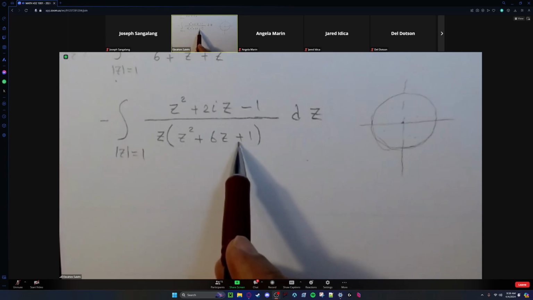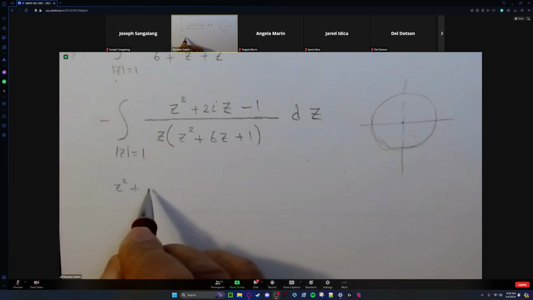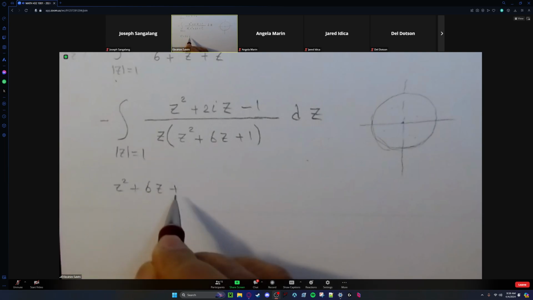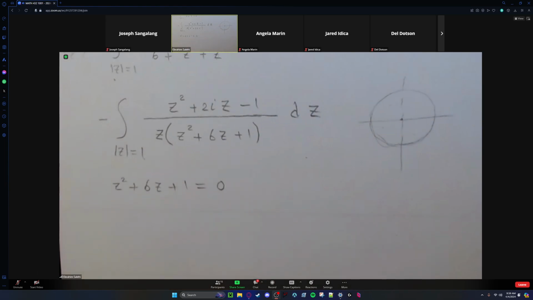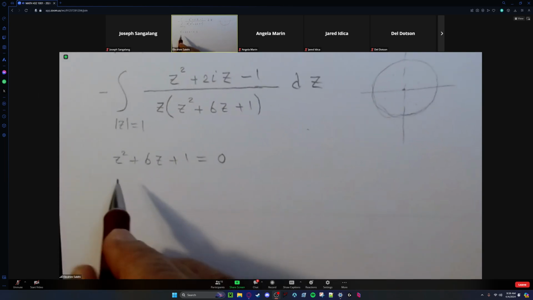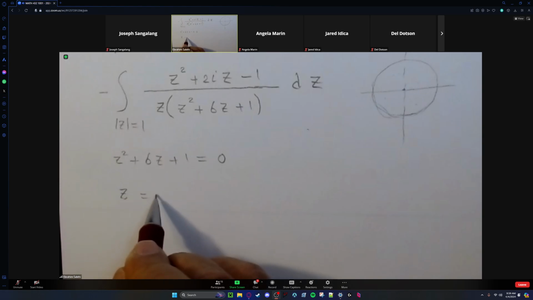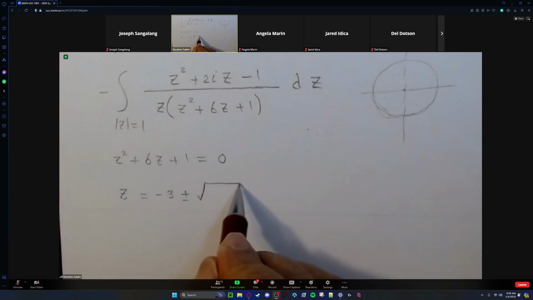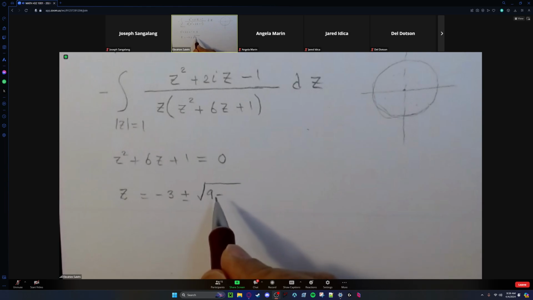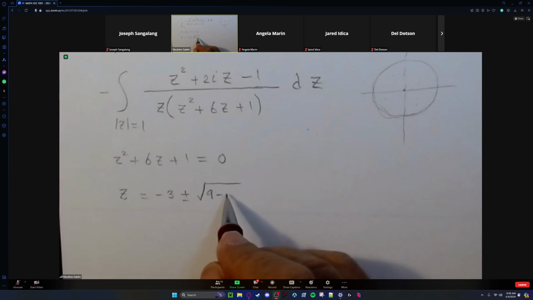The other one will be the roots of this guy. So let's find out. When z squared plus 6z plus 1 is 0, you will get the roots, nine minus 1, which is 8.